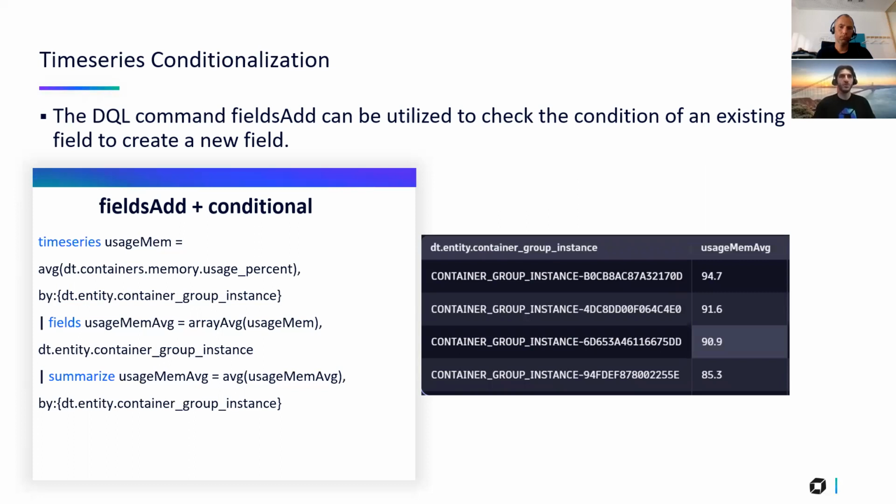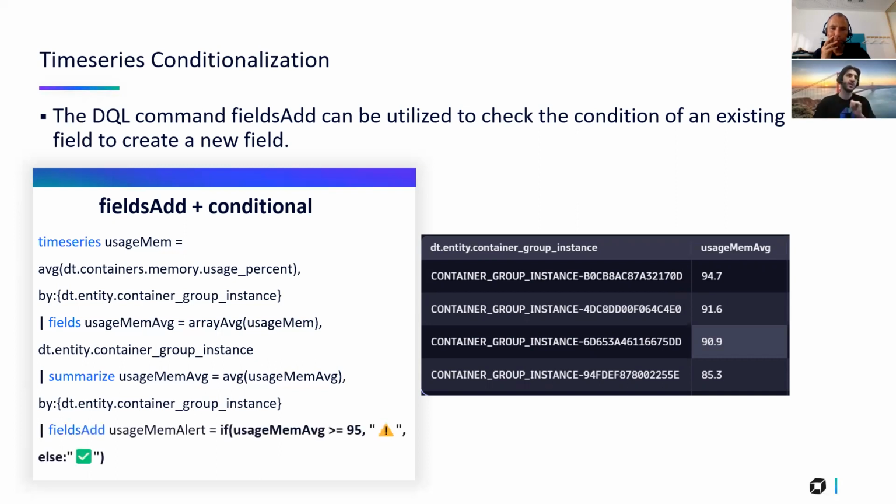This would be your typical use case currently, as well as in Classic, where you query the metric and you get your average. There's not much more that you're gaining from this, right? You have to now go and see if it's normal to have a 94 percent memory usage.